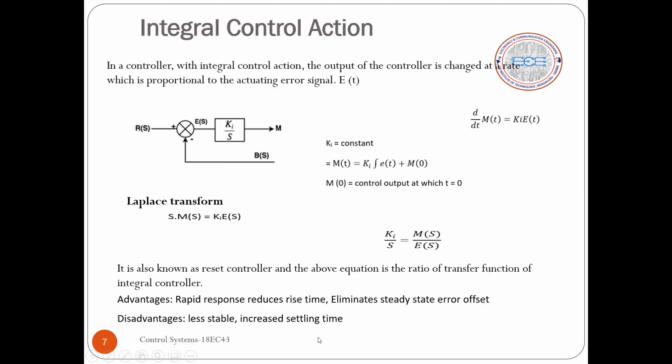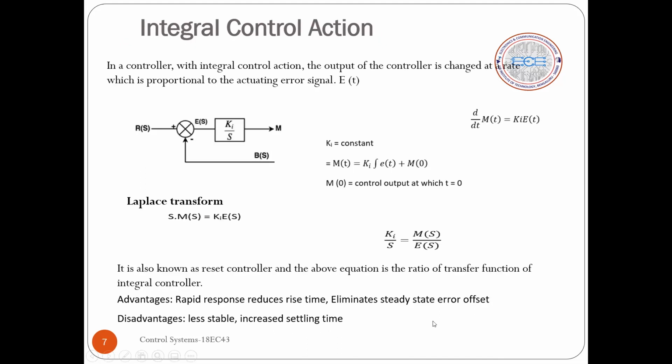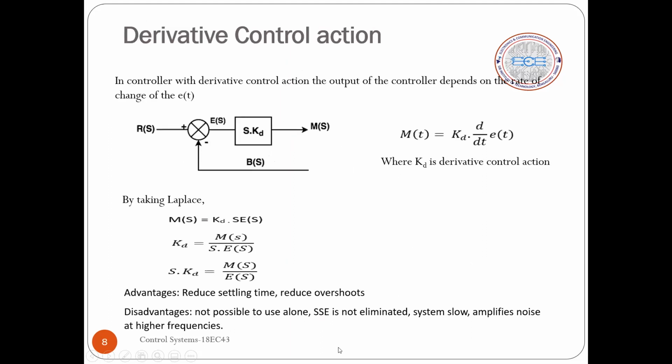Though the rise time is fast, the settling time is increased. This is one disadvantage, and it is also less stable. The major advantage, a wonderful one, is that it eliminates the steady state error.